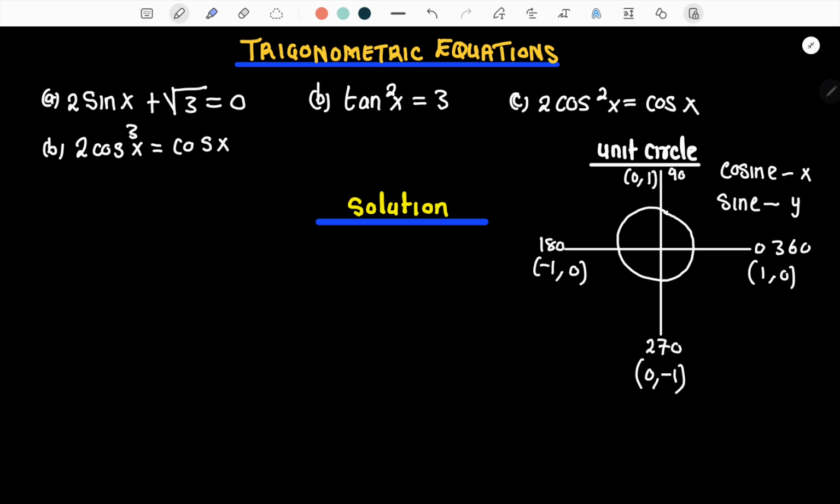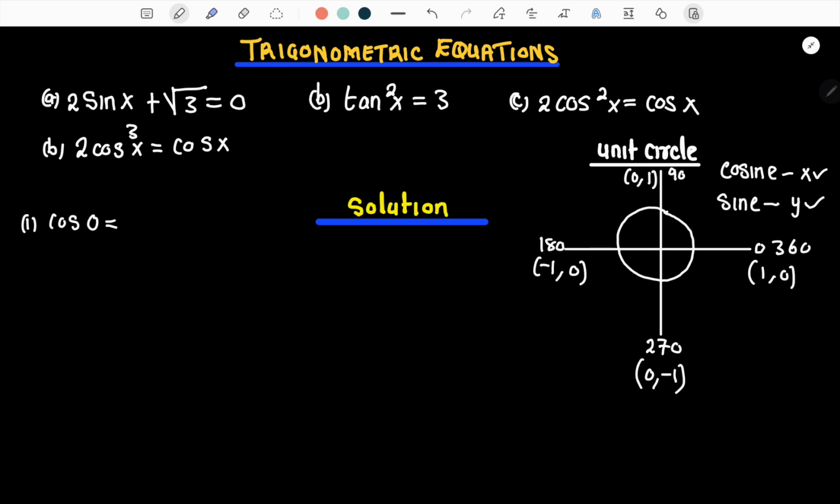Now, how does the unit circle work? The unit circle is going to guide you with the values of cosine and sine. A very good example is this. Let's say you have been given to find cosine 0. What are the possible values of cosine 0? So remember, I mentioned that cosine represents values in the x, then sine represents values in the y.